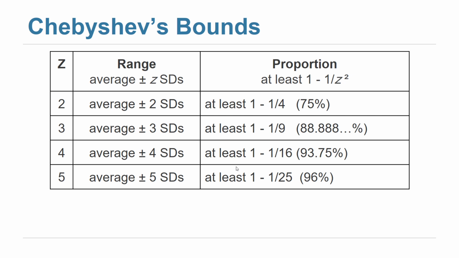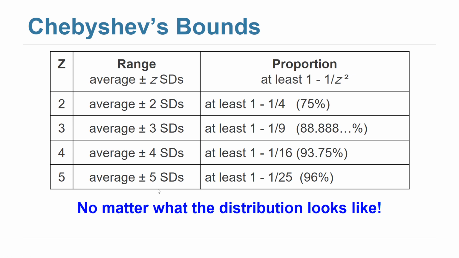If we know the average and the standard deviation, for sure we can say that at least 75% of the data are within 2 standard deviations of the average, and 93.75% are within 4 standard deviations, and so on. That gives us a sense of how the data is distributed.